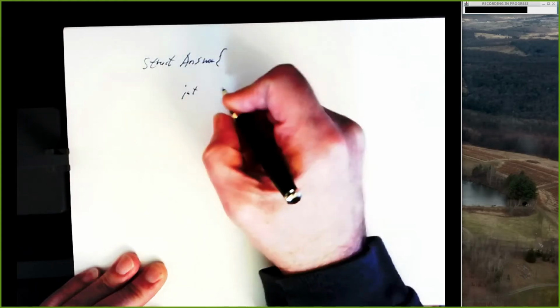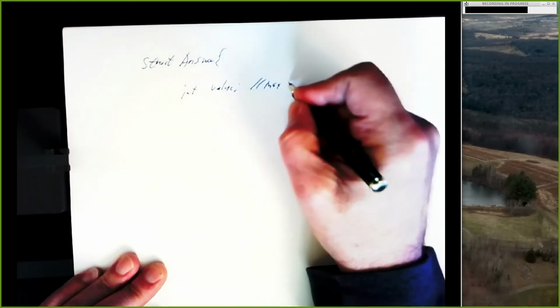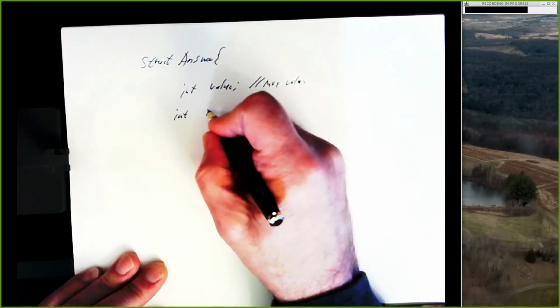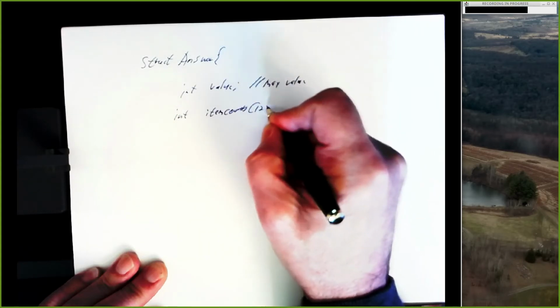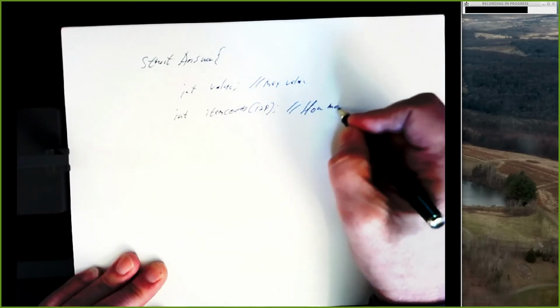This would have an integer, which we can think of as the value. And then it could have an array, let's call it itemCounts, which says how many of each item.